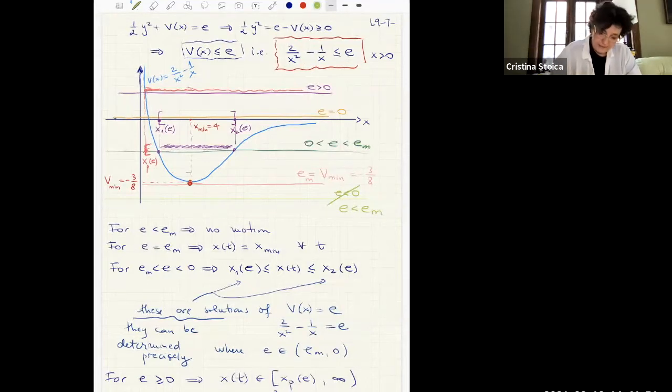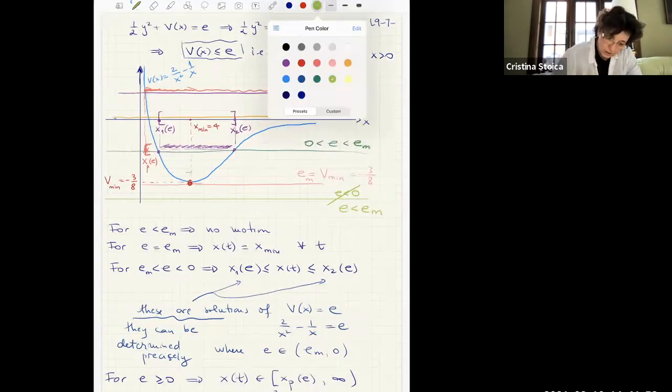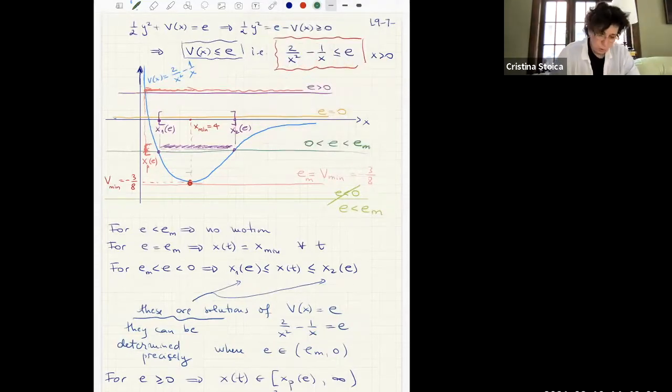Then the level of energy goes to EM, and here again this is wrong. It's the other way around: EM less than E less than 0. That's what he was saying, which is correct. So that's corrected. Now the notes are clean.